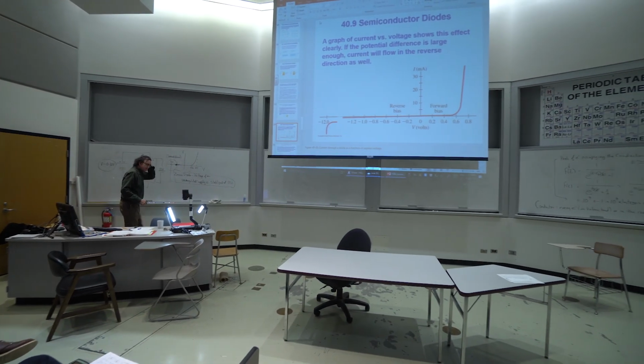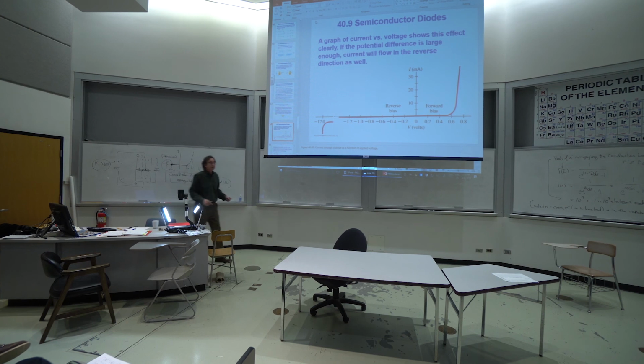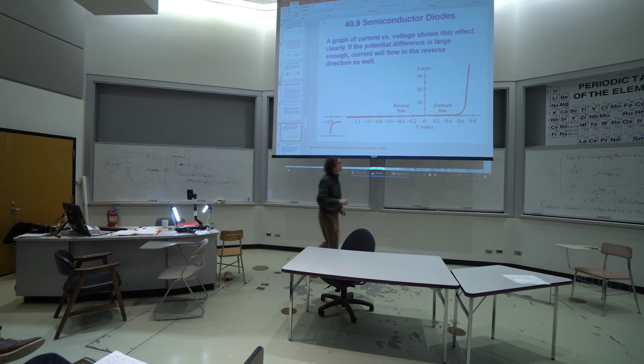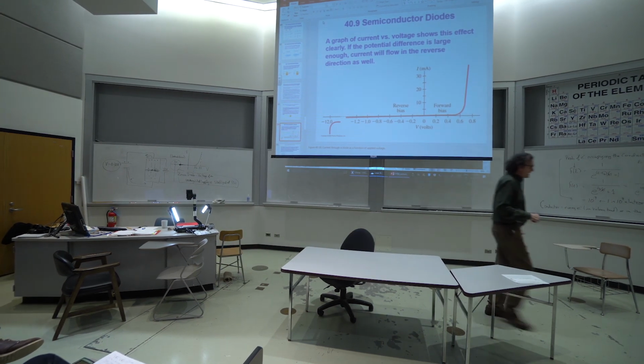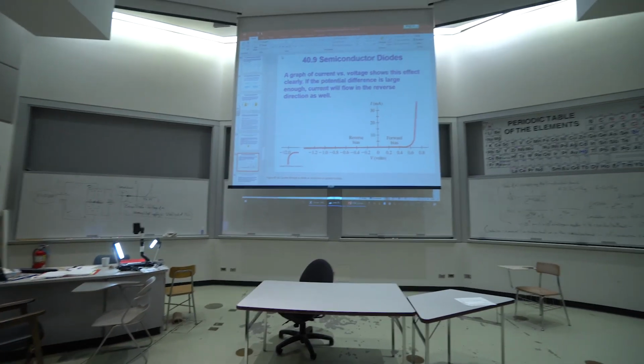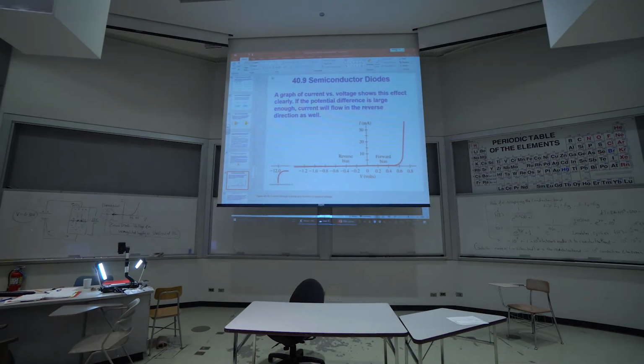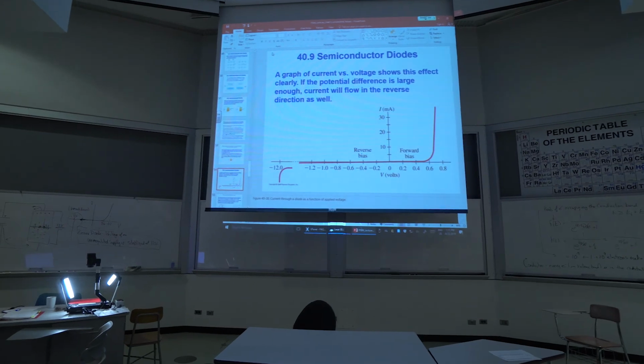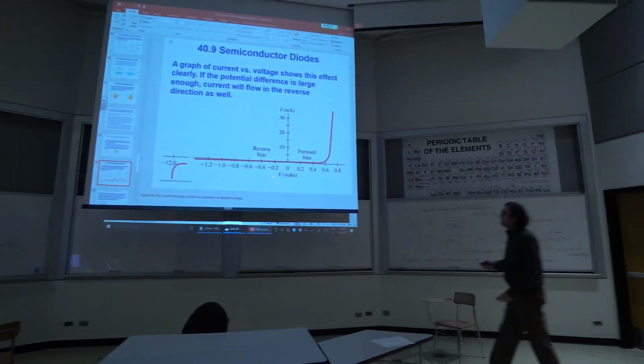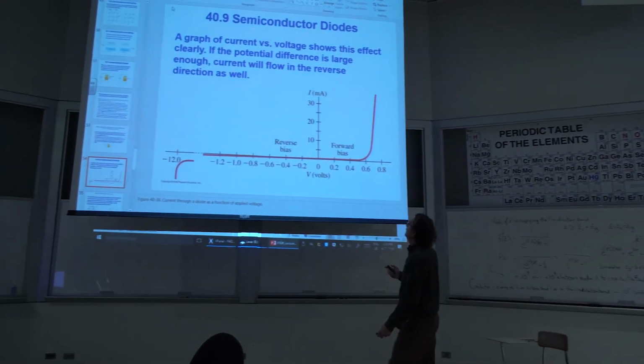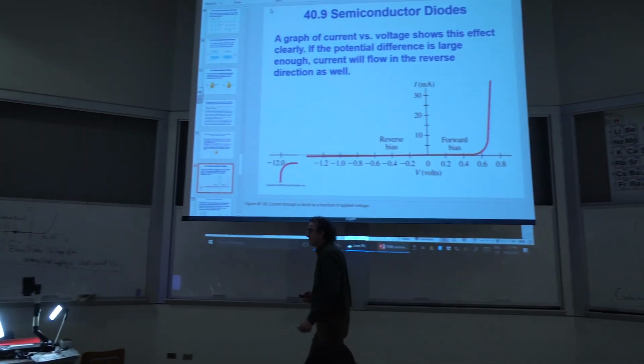And I'll turn off the lights because I'm finished with the discussion with the whiteboard. And this is the graph that you'll see in your reading material that discusses the operation of the diode.